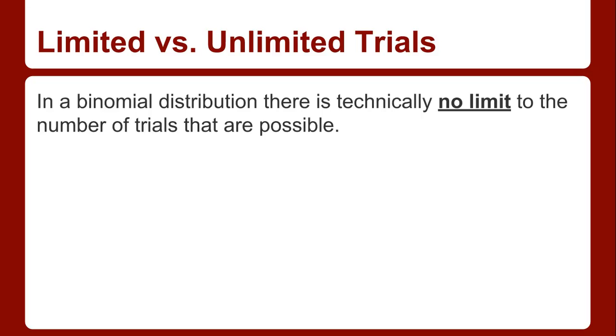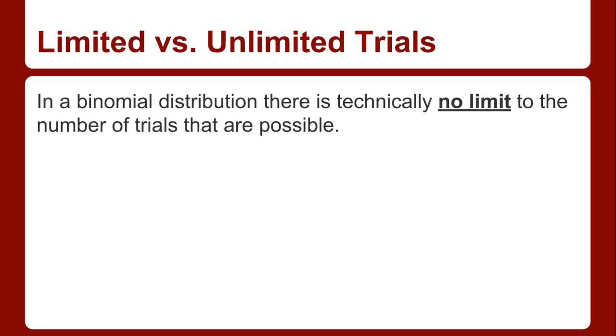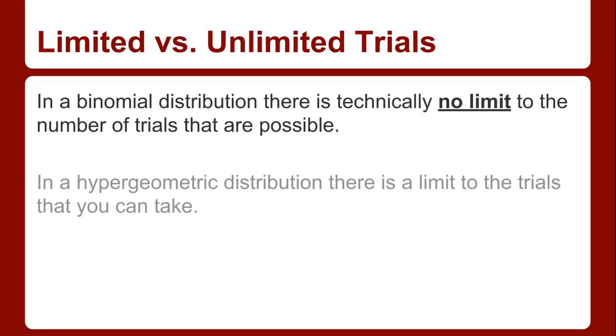If 1 million parts go on, we just keep doing it. We could pick 1,000 parts, we could pick 1 million parts. Law of large numbers has a big role to play here, but there's technically no limit. You could flip a coin 2 times, 10 times, 100 times, and you could have a binomial distribution based on that.